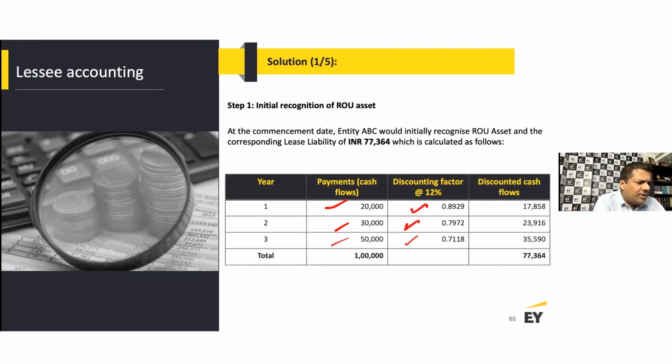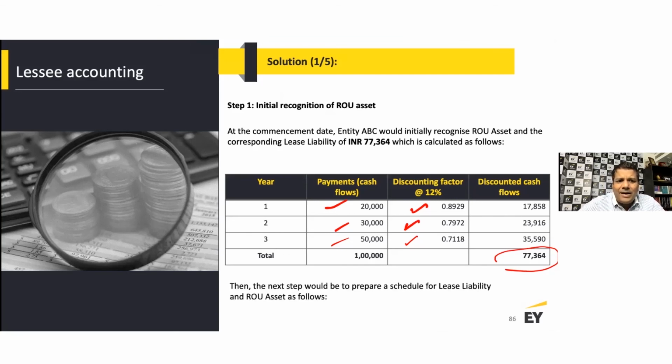That's why I'm discounting all three by 12%, and that number comes to 77,364. That's my present value of liability, and since I have nothing else to adjust here, there is no lease incentive, there is no direct cost, there is no residual amount or anything like that, no upfront payment, no deposits, I'm going to record this also as the ROU asset.